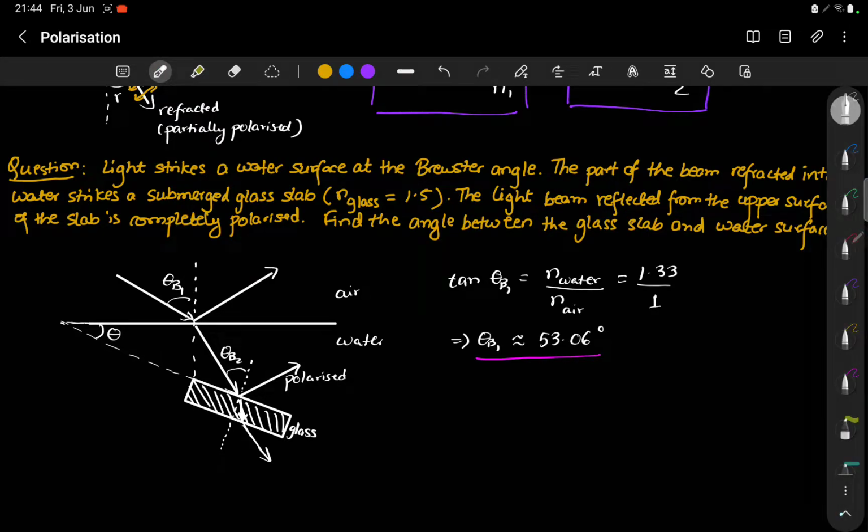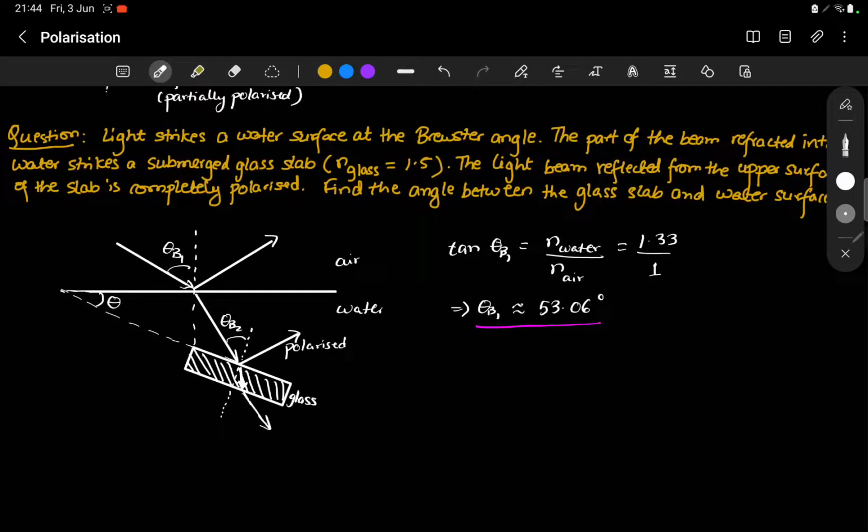Next, let us find out the Brewster angle for the water-glass interface. So we have tan theta B2 is equal to the refractive index of glass over the refractive index of water.